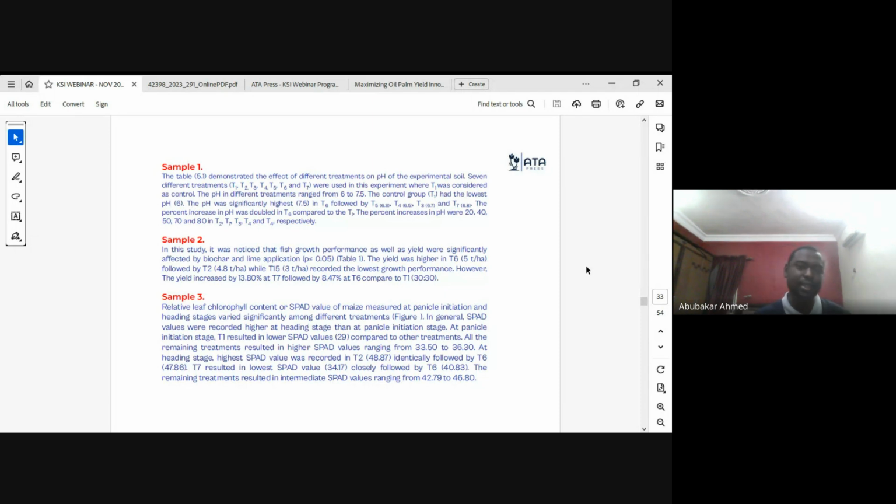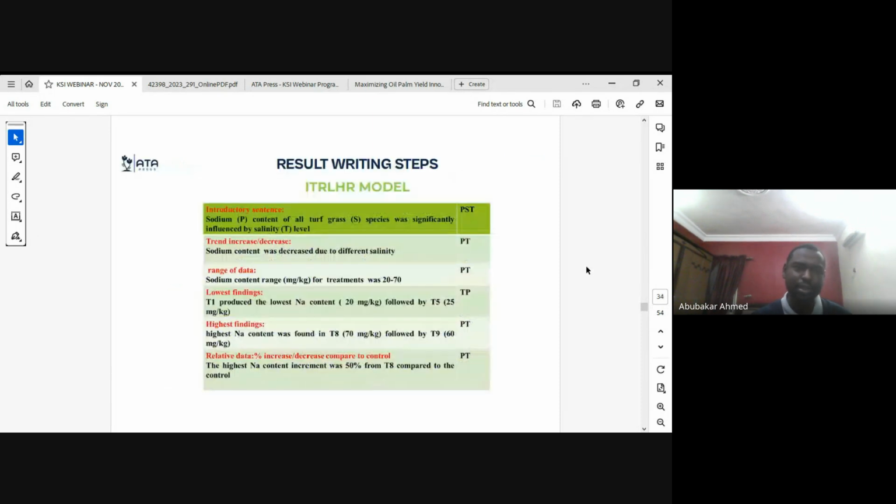you present it. And before this, I want us to look at this as a first step. Result writing steps. There is this ITRLHR model, which is used in writing your results.